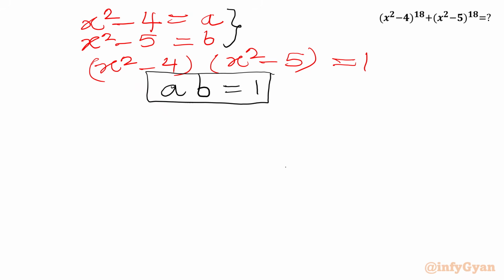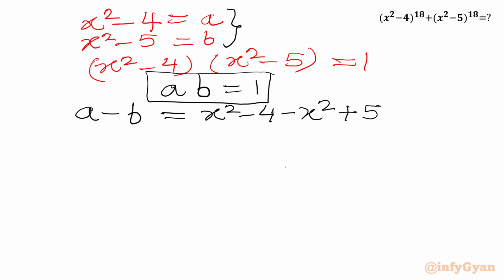Here we have A and B. Let's find A minus B. So A minus B will become x square minus 4 minus x square plus 5. We'll cancel plus x square with minus x square. 5 minus 4 is 1. So we have second equation A minus B equal to 1.